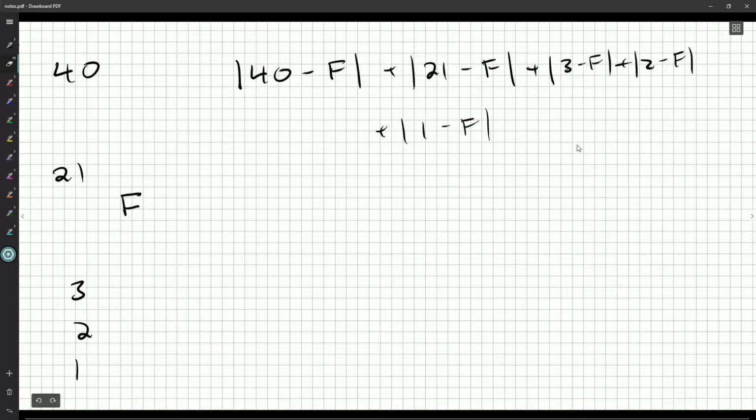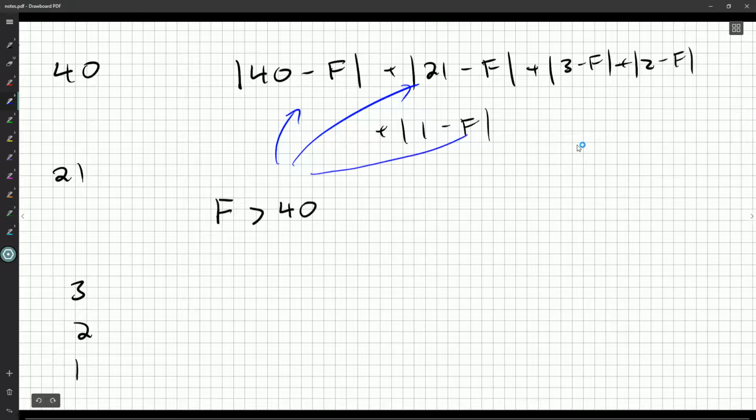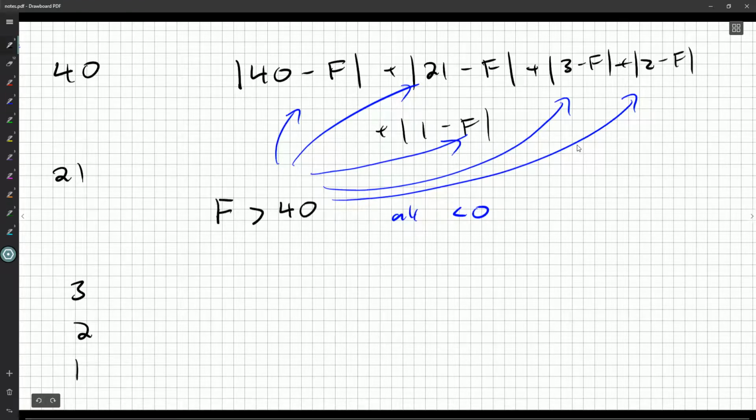But as I say, I think we can make some nice simplifying assumptions. If F is bigger than floor 40, then all of these are negative, so all are less than 0. Then this expression would be F minus 40, because they're all negative, so the absolute values flip them around.